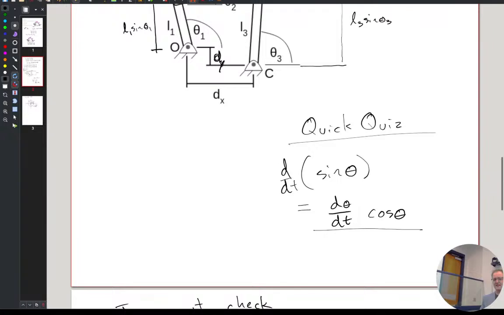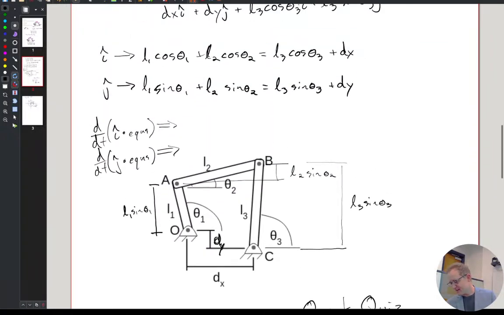No, this is chain rule. Yeah, I told you, some chain rule. I just don't want to forget the chain rule as we're taking this derivative. Don't forget the chain rule. It's the main take-home message.